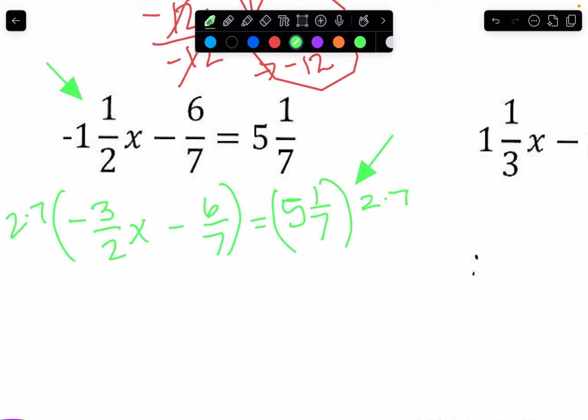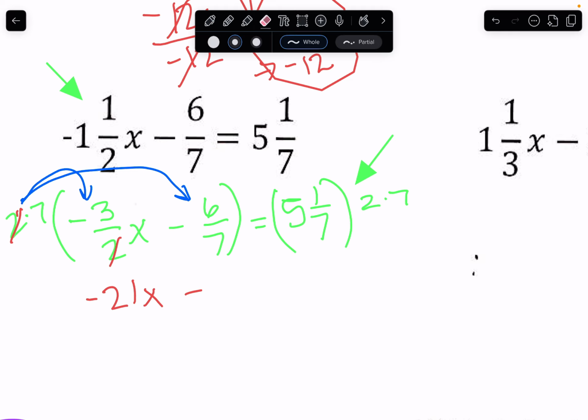Right. So I'm going to multiply first here and then here. Okay. So when I multiply the first term, the 2's are going to eliminate each other. I'm going to be left with a 7 and a 3 on top. 7 times 3 is 21. I have to keep that negative sign. So I got a 21x there. Then I am going to erase this because I didn't mean to erase the whole 2.